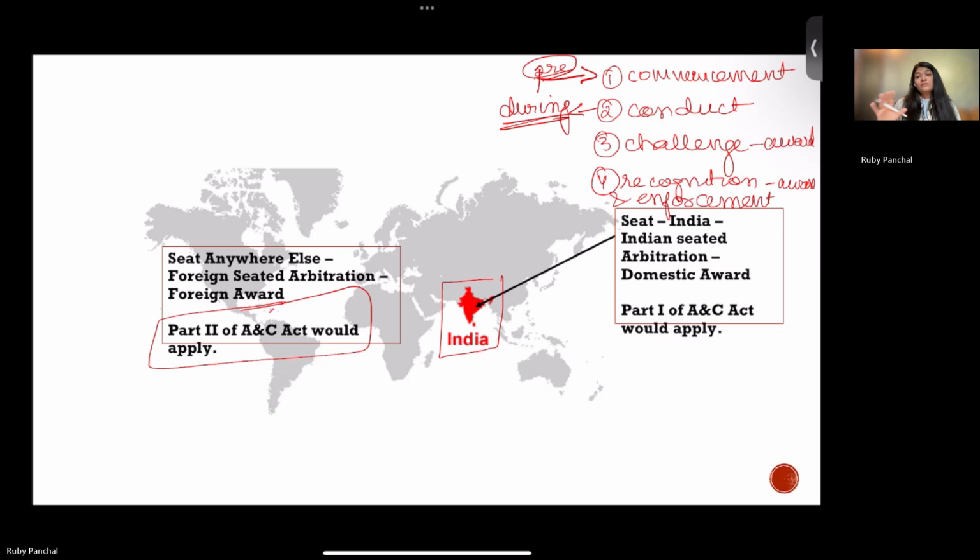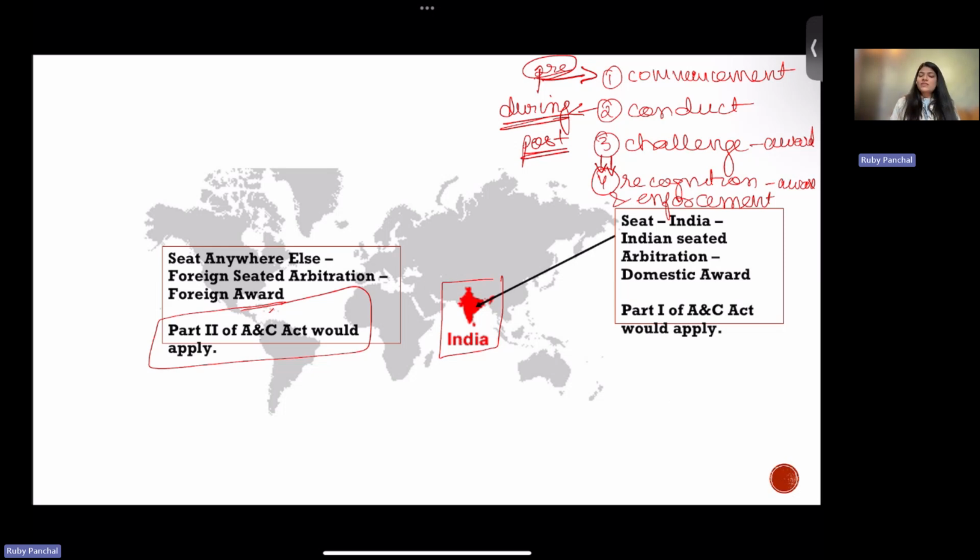So, all of these matters might also be governed by this legal framework that we are talking about. This is again post your arbitral proceedings. And then we come to the fourth step. This fourth step might happen right after the third step, or in certain cases simultaneously with the third step, which is to say your setting aside or challenge proceedings might already be going on, and you might be seeking enforcement in one of the courts.